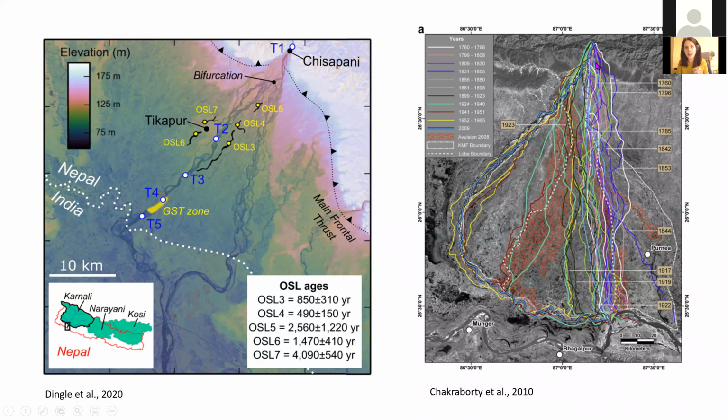So we can see there's a lot of apex avulsion going on, and it's a lot more active than the Kamala. These lines were first dated at 1760, right through to 2009, and here's the big 2008 avulsion. So the two systems are very different in terms of how active and mobile they are across the foreland.